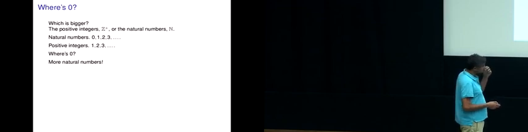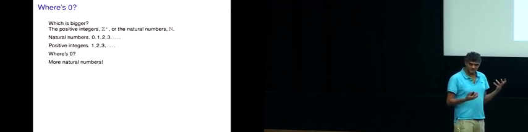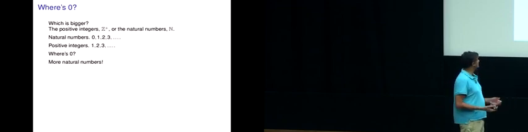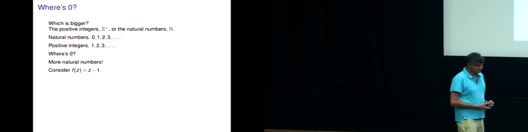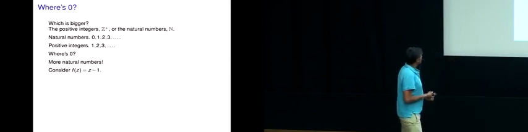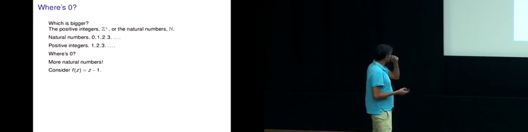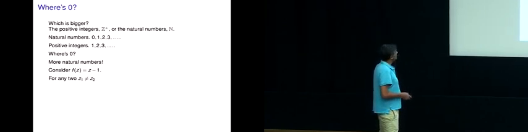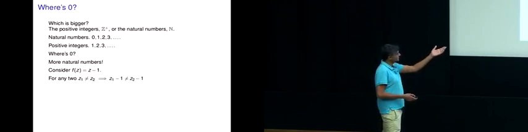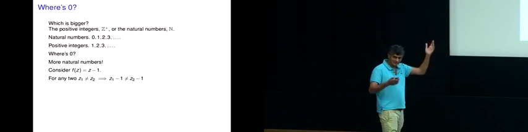So we're going to use this other definition in terms of comparing the sizes of these two sets. We're going to consider a bijection f, where f of z is equal to z minus 1. Is it a bijection? For any z1 not equal to z2, you know that z1 minus 1 is not equal to z2 minus 1.